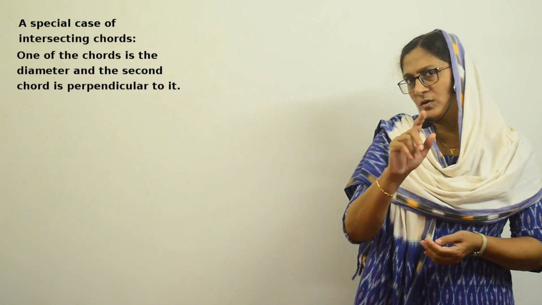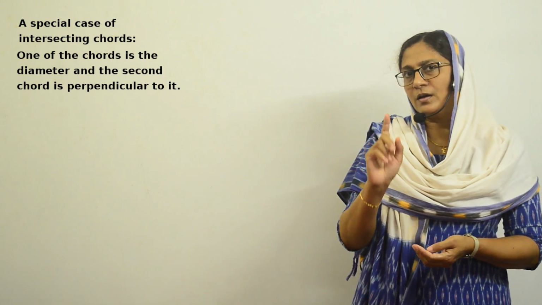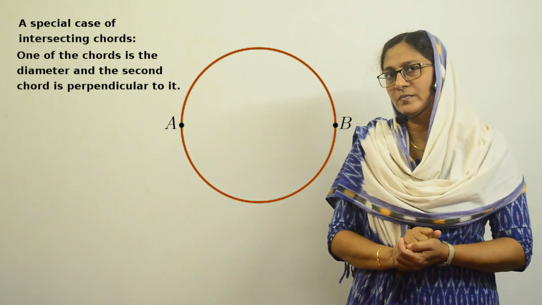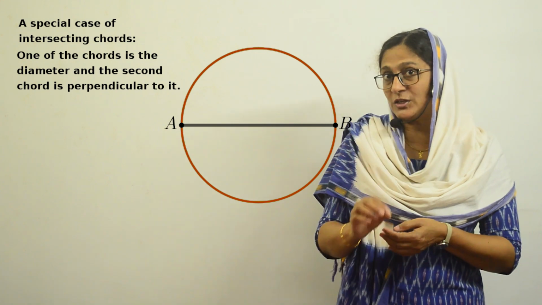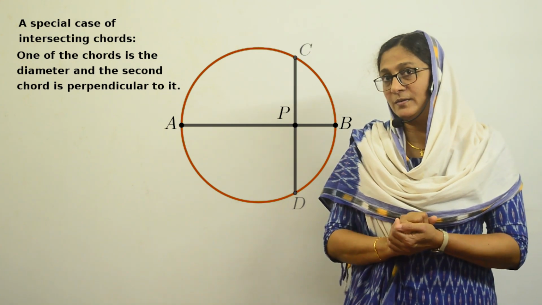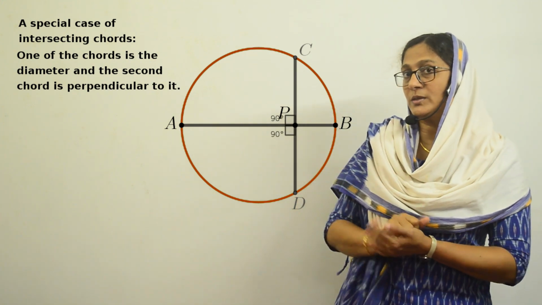Let us think of a special case when one chord is the diameter and the other chord is a line perpendicular to it. Let me say once again. Let us think of the special case when one chord is a diameter and the second chord is perpendicular to the diameter.